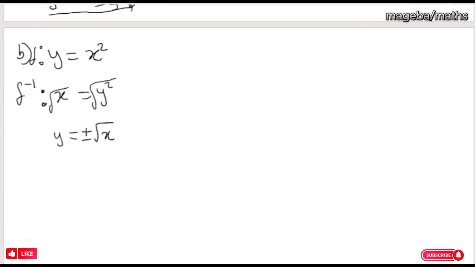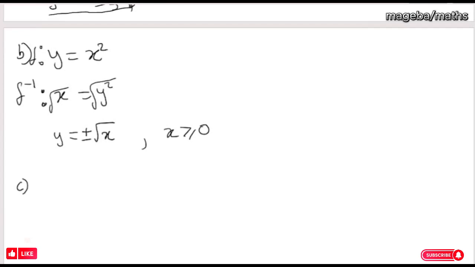That is very important: x must always be greater than 0. Inside this, x cannot be negative. There is no square root of a negative number. So this x must always be greater than or equal to 0. I hope you understand that part of doing our inverse.